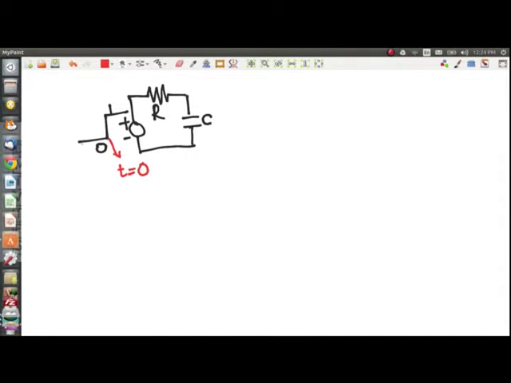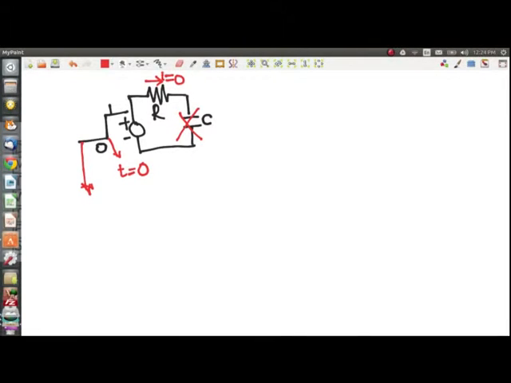So a long time before that, the voltage was always 0. So I can consider my capacitor as an open, which means I don't have to take a look at it. Since this is an open, the current going through this resistor is 0. So this current I was equal to 0.